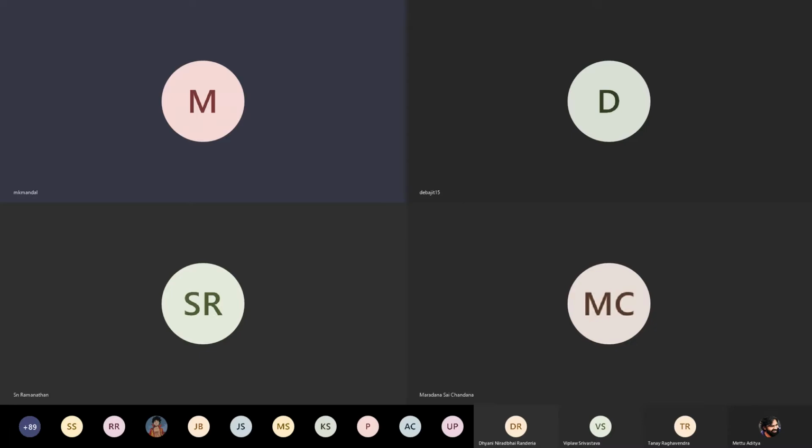Now, in place of a parallel resonator, let us consider a series resonator, R, L, C, and again this is Z_in.